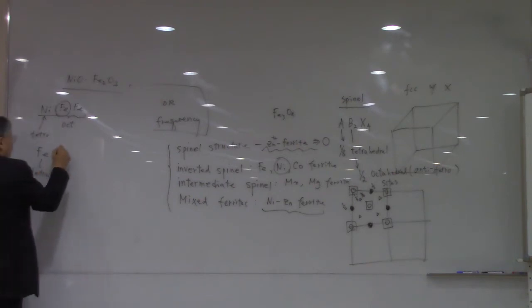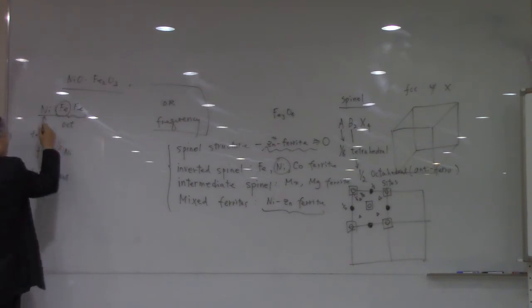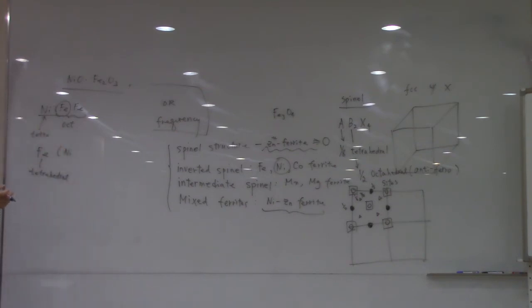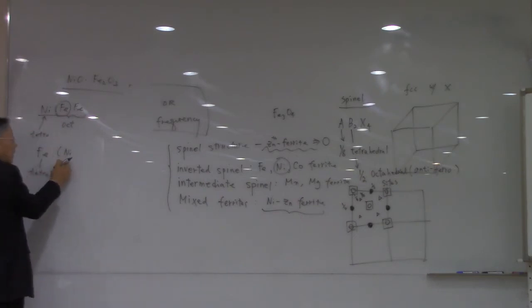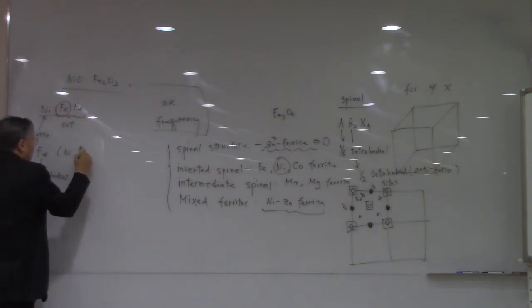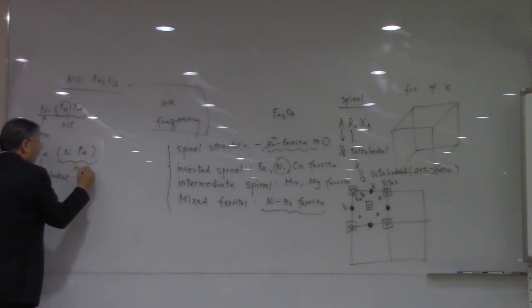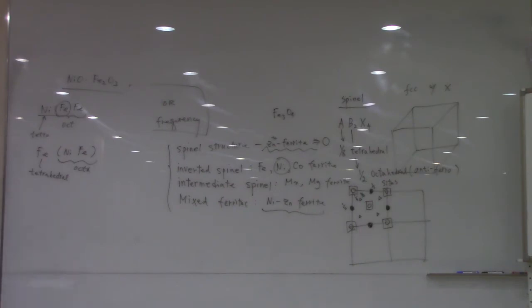And then the nickel, which is supposed to take the tetrahedral site in a normal spinel structure, will take the octahedral site in this inverted spinel. And then these two Fe are on the octahedral site. Okay, that is going to be called inverted spinel.